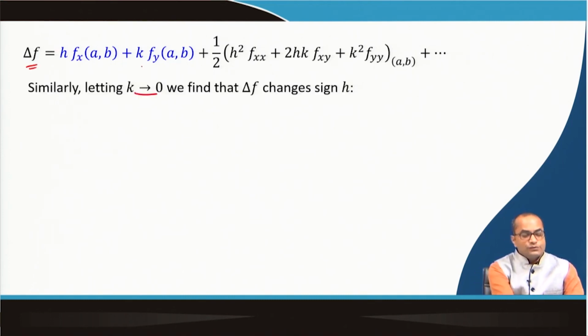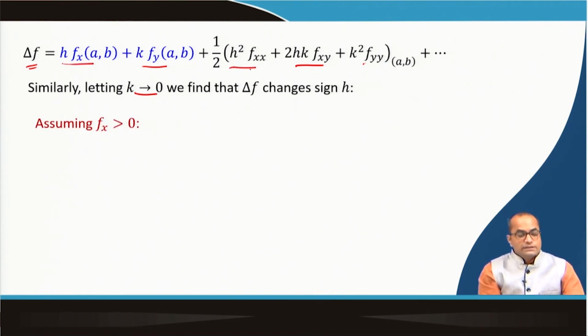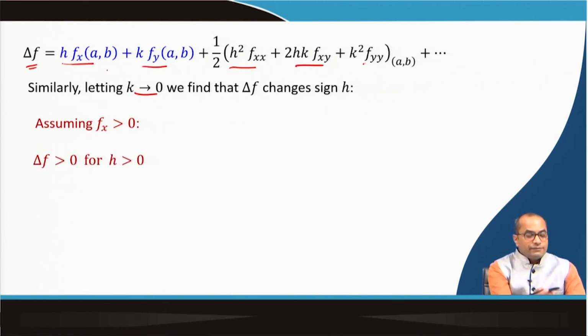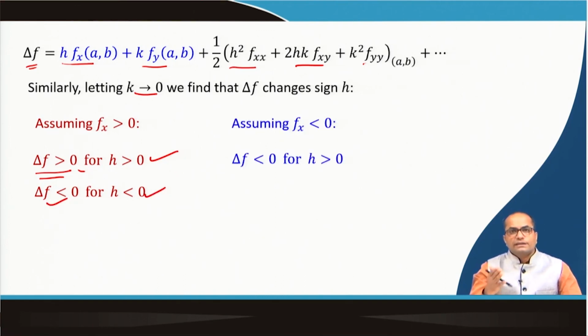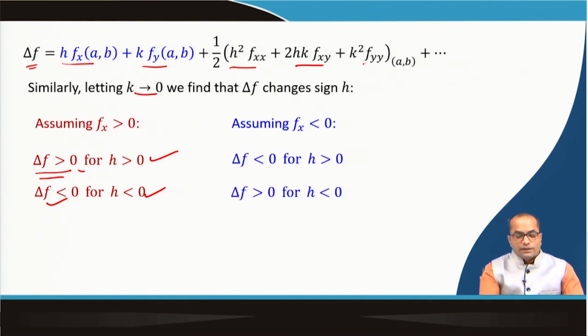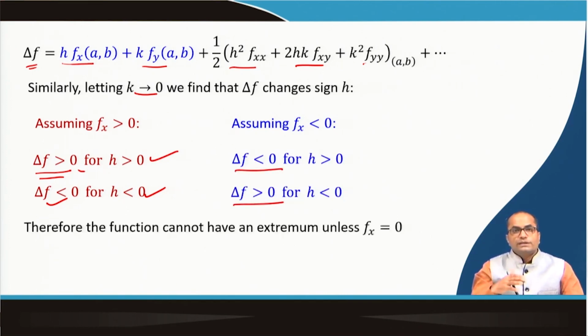So, now getting back to our main equation of this delta f, this time we will let this k go to 0. So, all these terms having the k will be 0, and at the end we will get only this first term and this term having h squared. So, the delta f, and again assuming f_x is positive, delta f will again change sign, delta f will be positive for h positive, delta f will be negative for h negative, and similarly if we also assume that f_x is negative, delta f will again change sign depending on whether h is positive or h is negative.